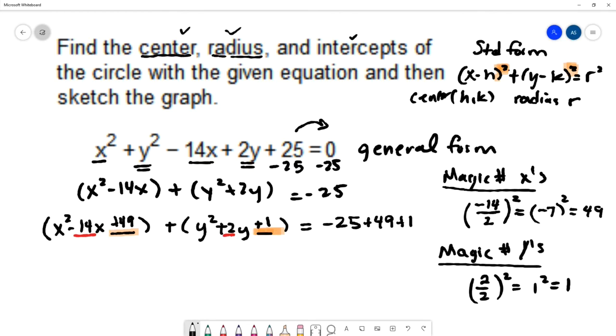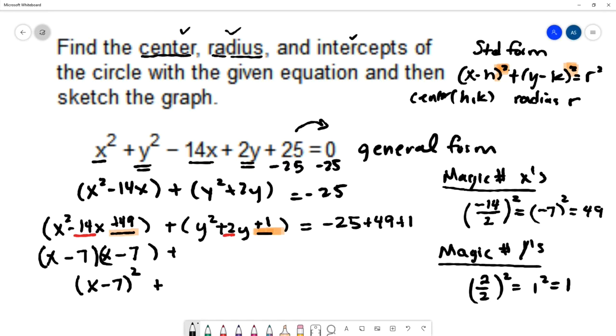So in the x group, if I try to factor that trinomial, x times x is x squared. 7 times 7 is 49. And if I put minuses here, minus 7x and minus 7x will give me the correct middle term. So my x group factors to be x minus 7 squared.